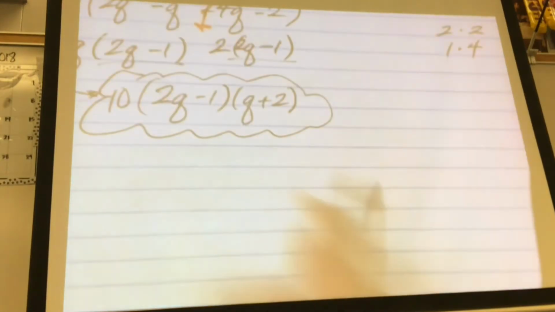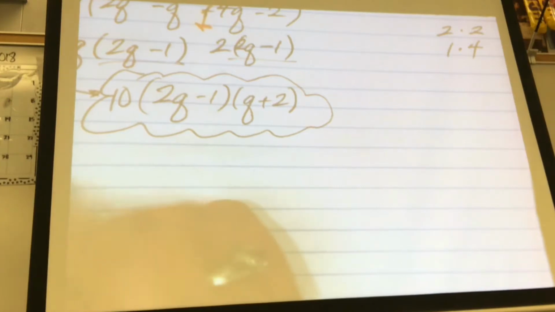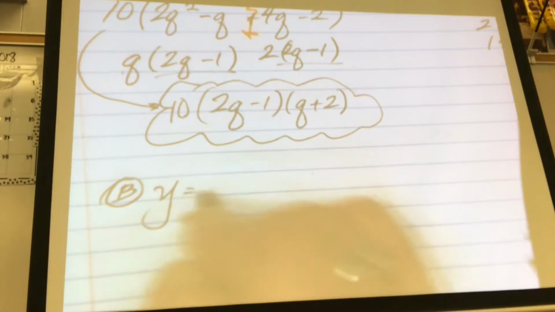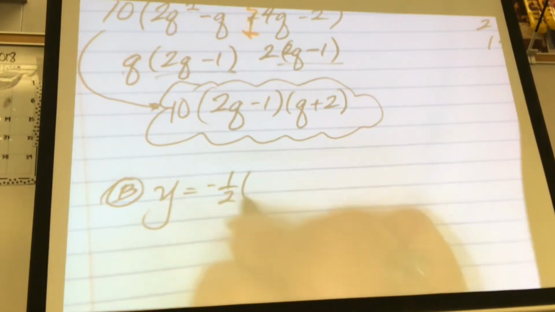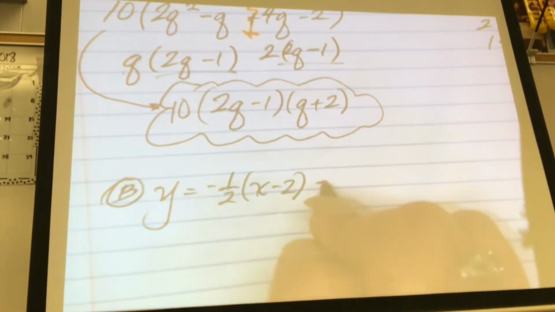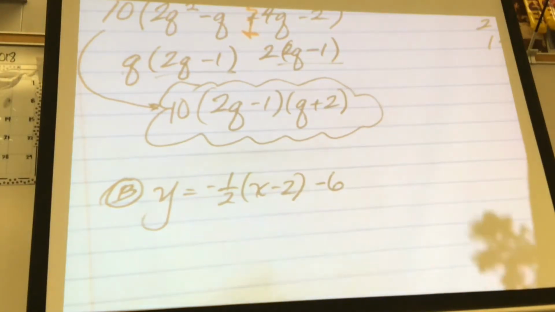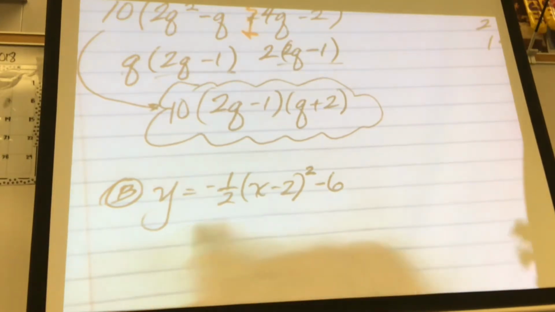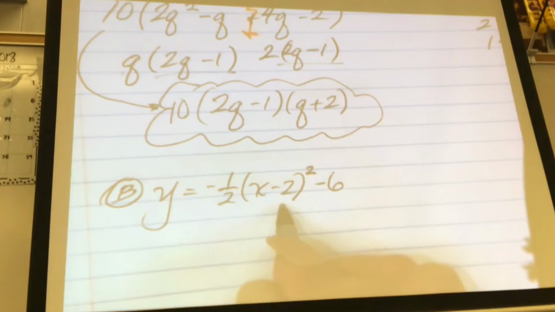Brooklyn, can you just tell me what you got for letter B, please? y equals -1/2 (x minus 2) squared minus 6. Mia, can you tell me what you got? y equals -1/2 (x minus 2) squared plus -6.